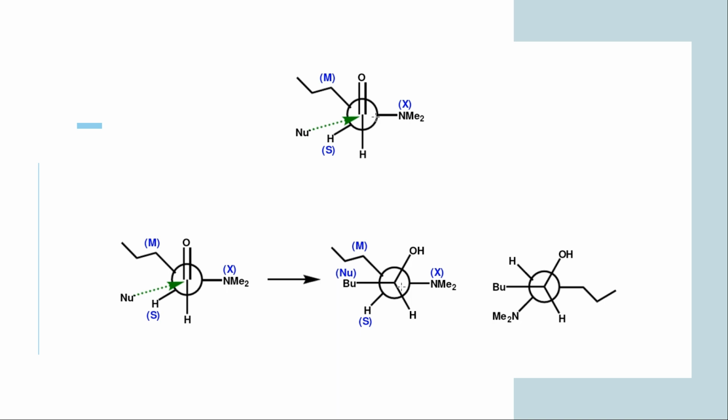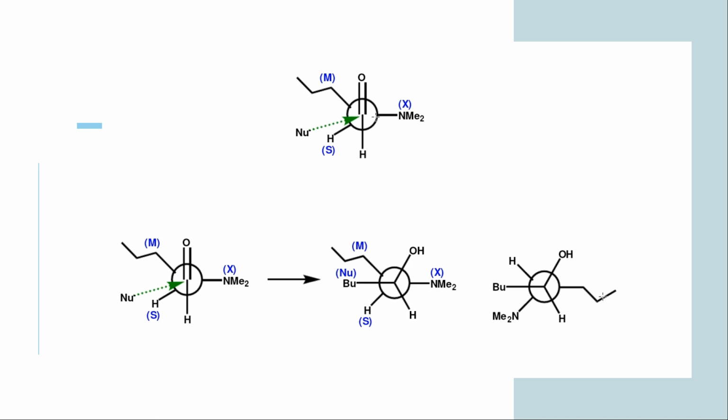Now to write the product, you have to arrange it in such a way that the longest linear chain will be in an anti-periplanar fashion. Here butyl and this propyl will be the longest chain, so we have arranged it in such a way that butyl and propyl are in this anti-periplanar fashion.